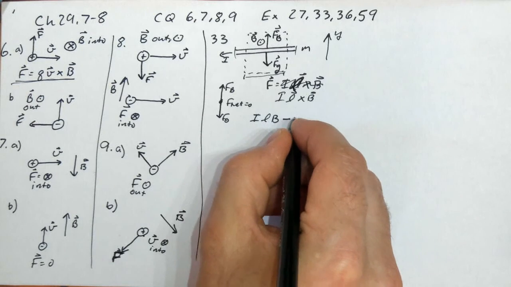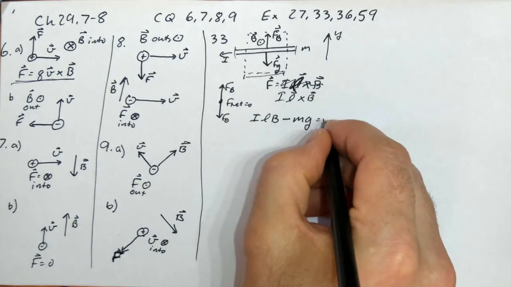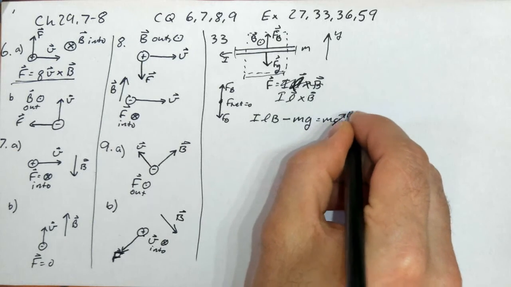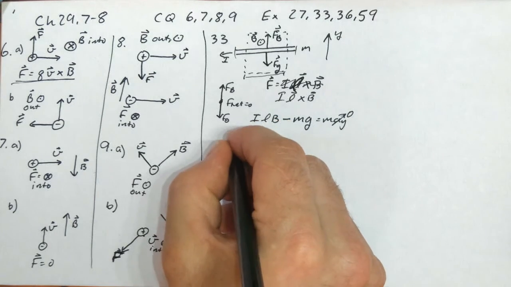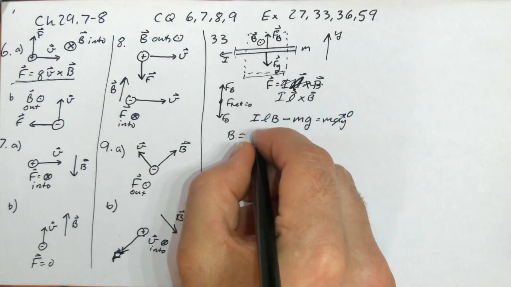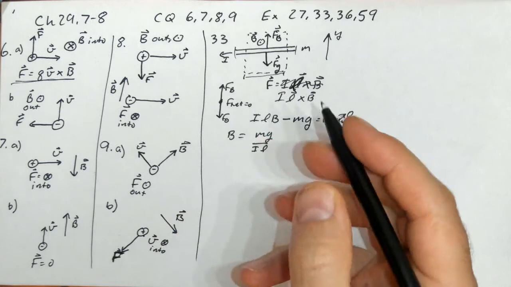And then subtract mg, that's the downward force of gravity, equals ma, but it's just levitating, so it's 0. Now we can solve for that B. B equals mg divided by IL.